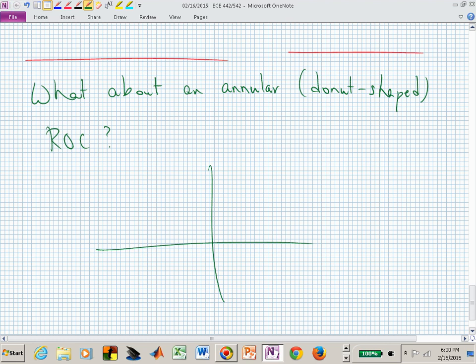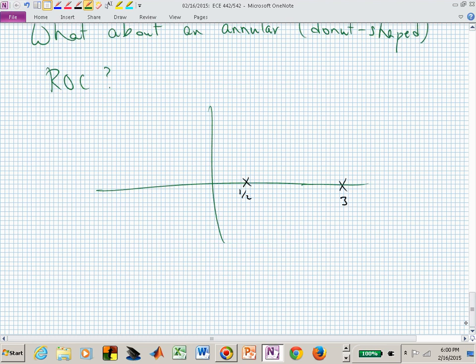Let's just say that we have a pole at 1/2 and another pole at 3.